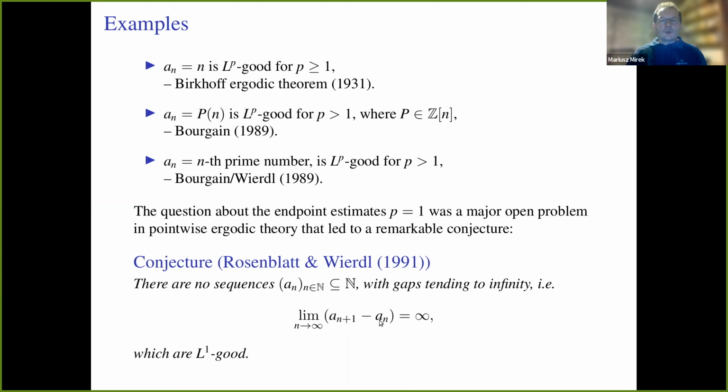In other words, we cannot expect pointwise convergence for p equal 1 for sequences which have gaps. It was even conjectured that if we consider sequences which have zero upper Banach density, then they should also be L^1 bad.